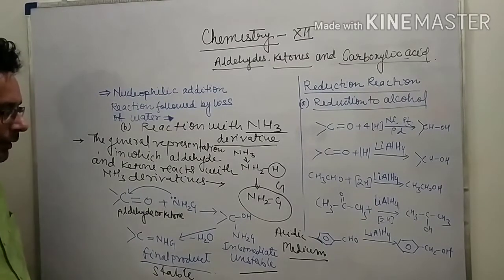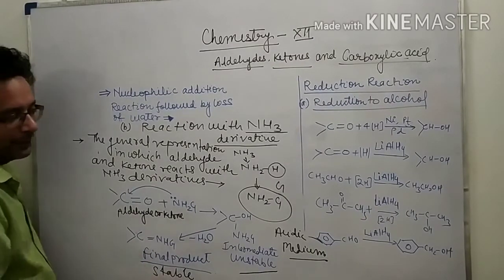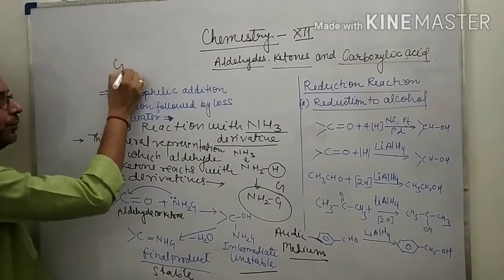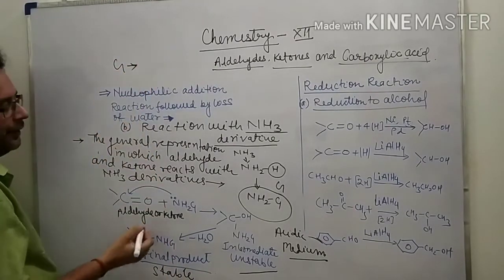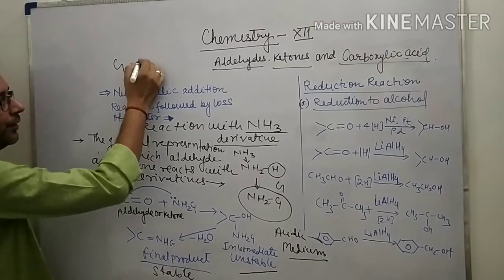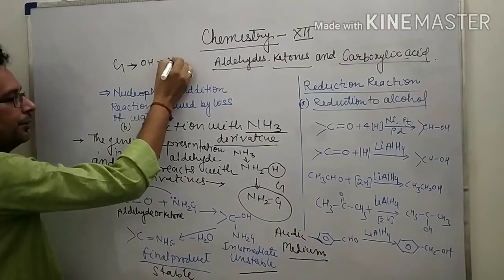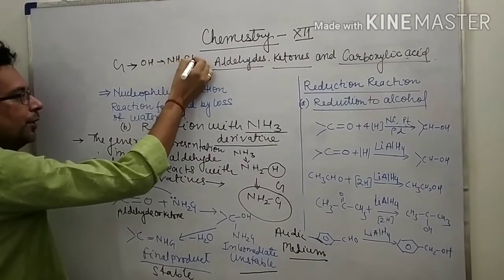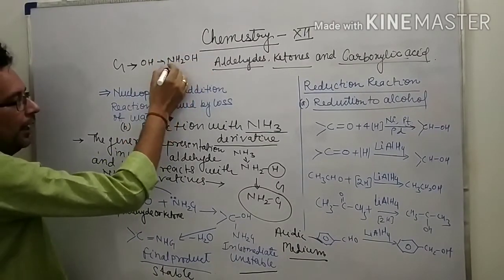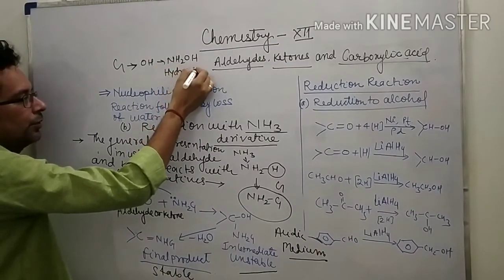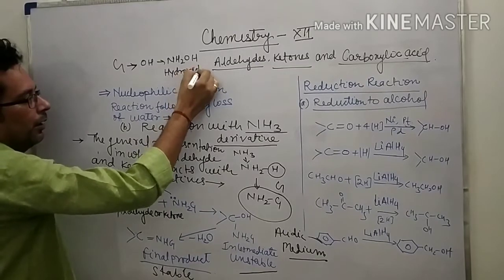Now G is a group which replaces hydrogen. Which group? First, if we take G equal to OH, then it is NH2OH, and the name of this compound is hydroxylamine.